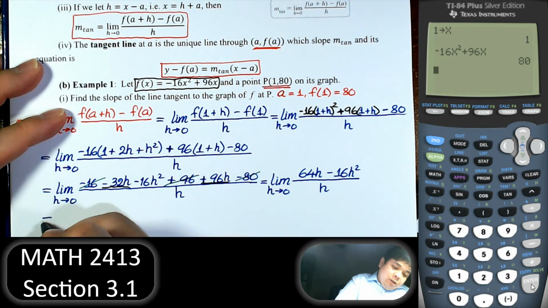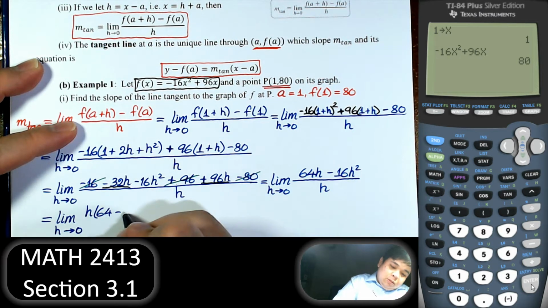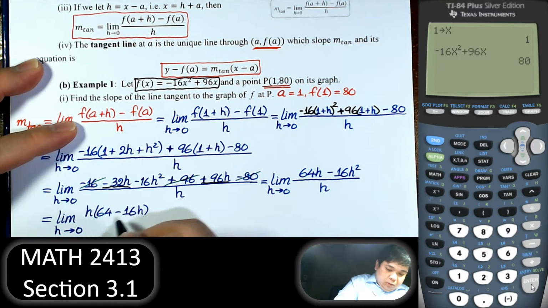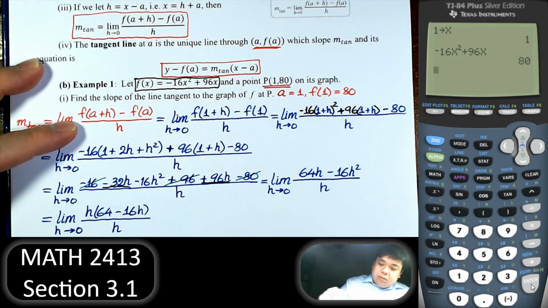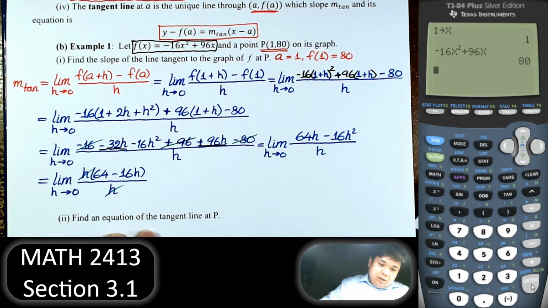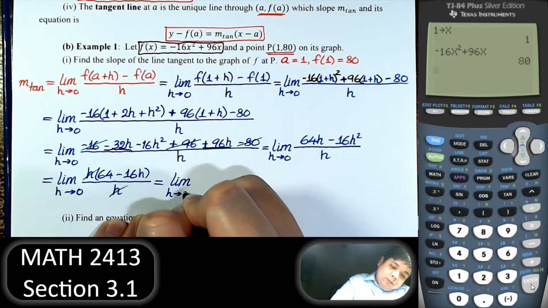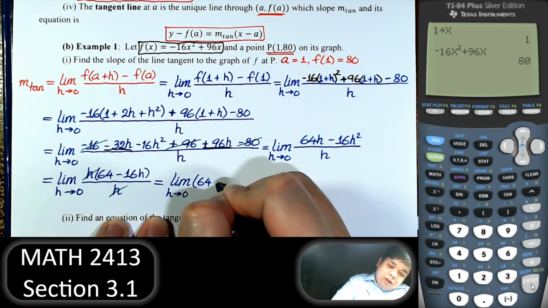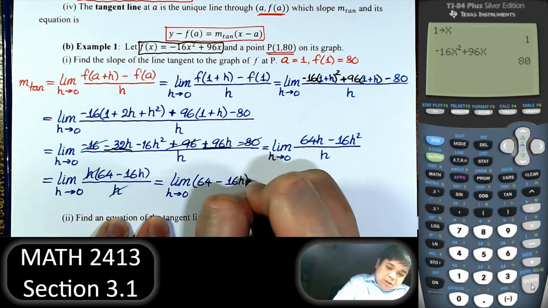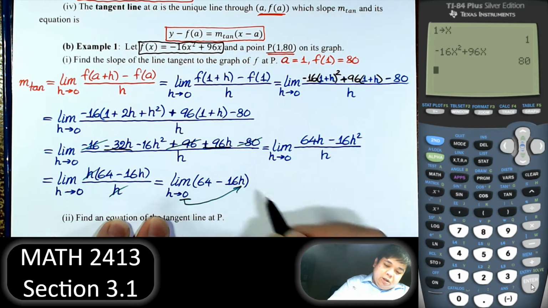Factor out an h and cancel out an h. We have 64 minus 16h, and then substitute 0 in for h.